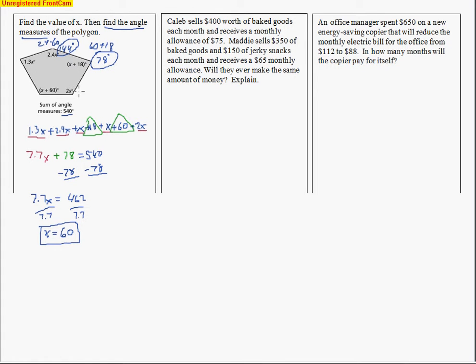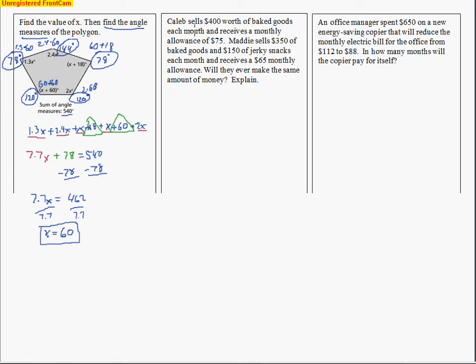Then 2 times 60 gives me 120 degrees. Then 60 plus 60 gives me 120 degrees as well. And the last one, 1.3 times 60, gives me 78 degrees. So make sure you find all the angles in there as well.